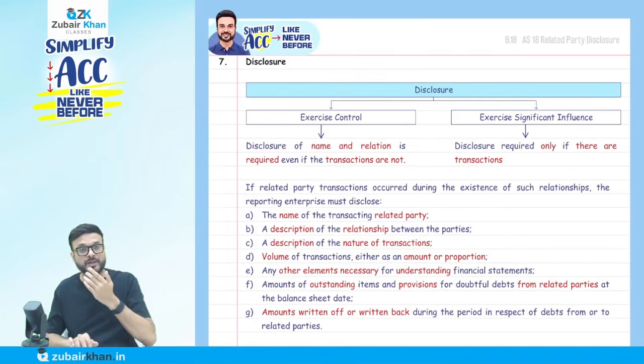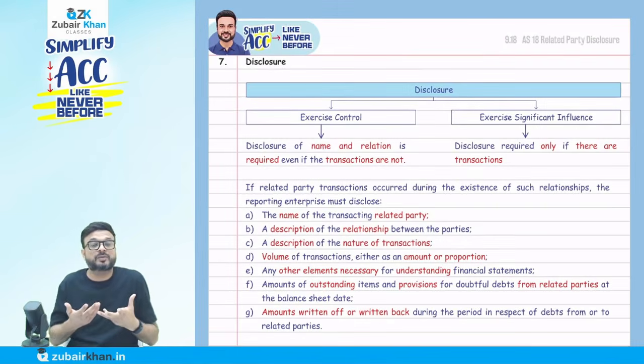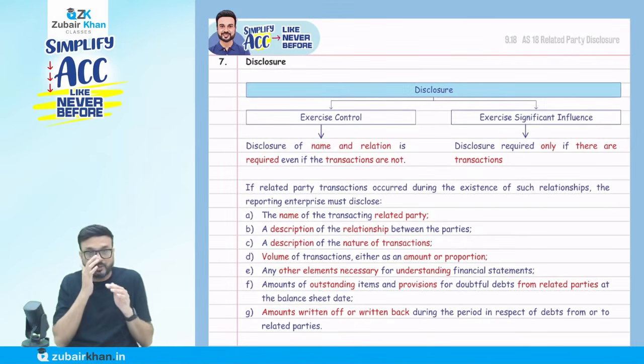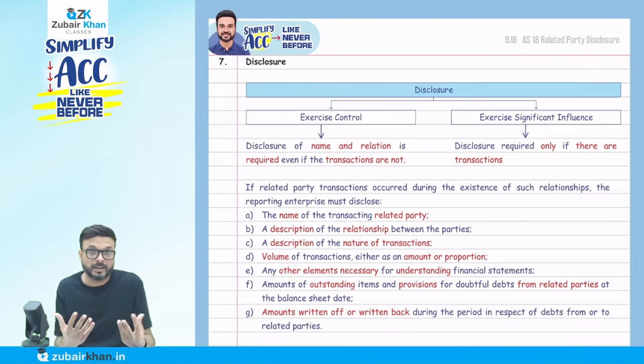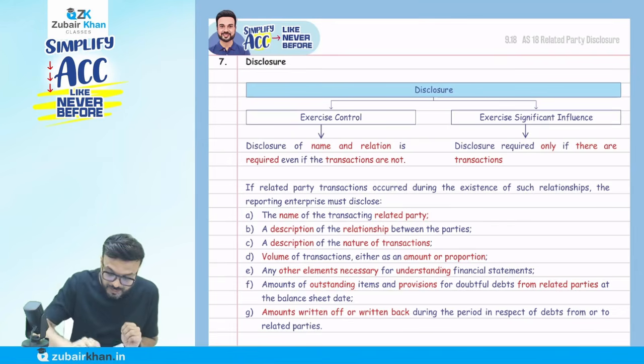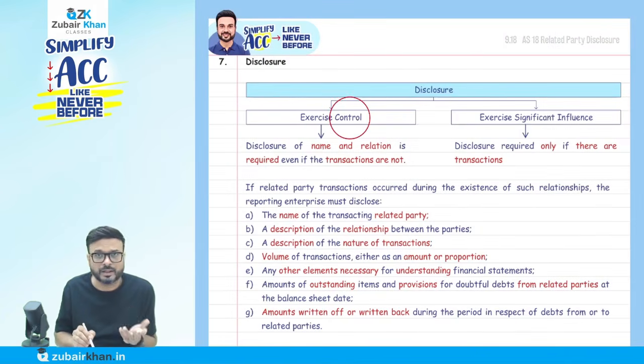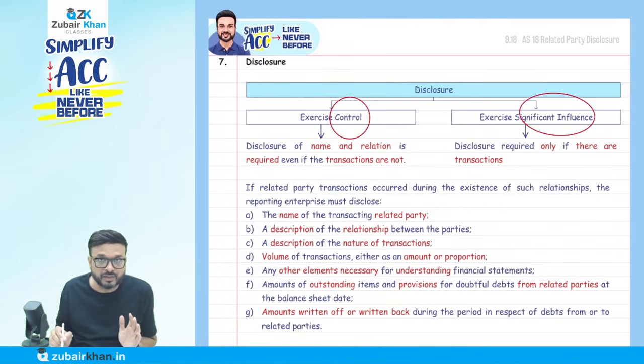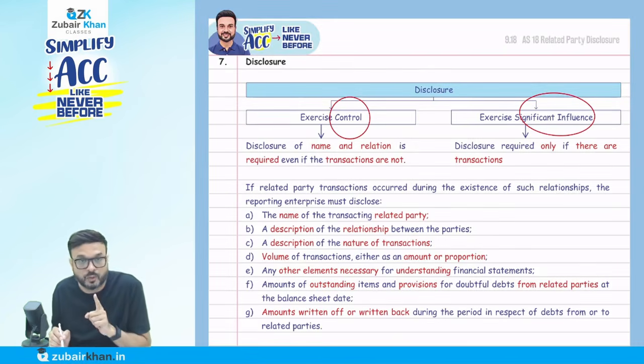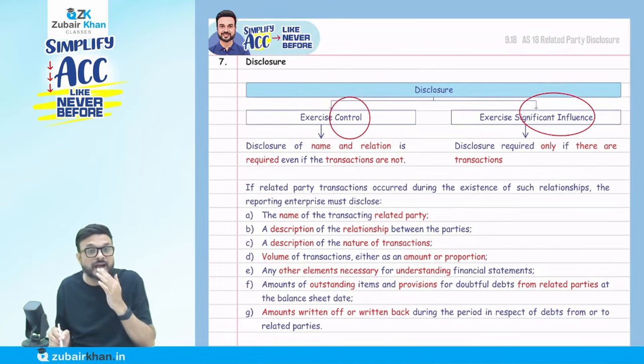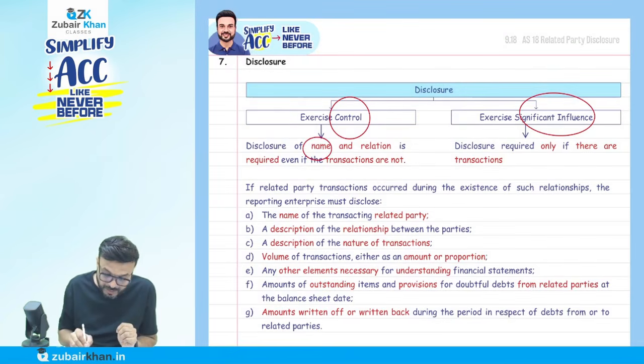Now the last point is the disclosure. What should we disclose? We already discussed what we mean by related party. But what should we disclose? Understand, the relationship of the related party may exist because of control, or it might be because of significant influence. If we have control, disclosure of name and relationship is required even if there is no transaction.